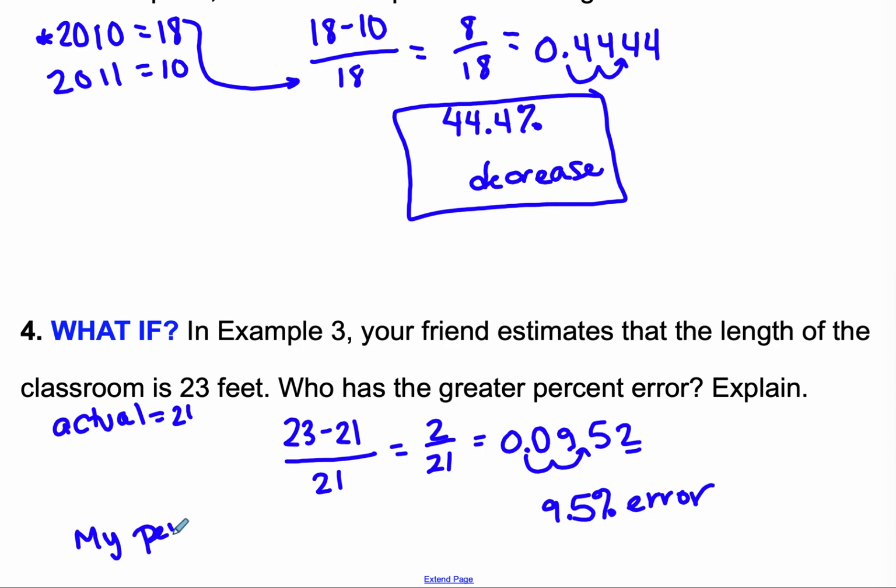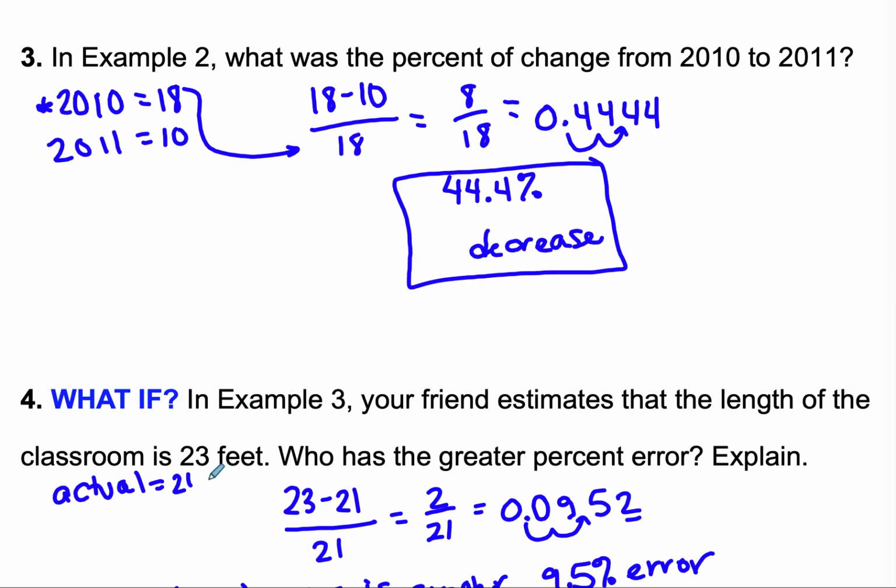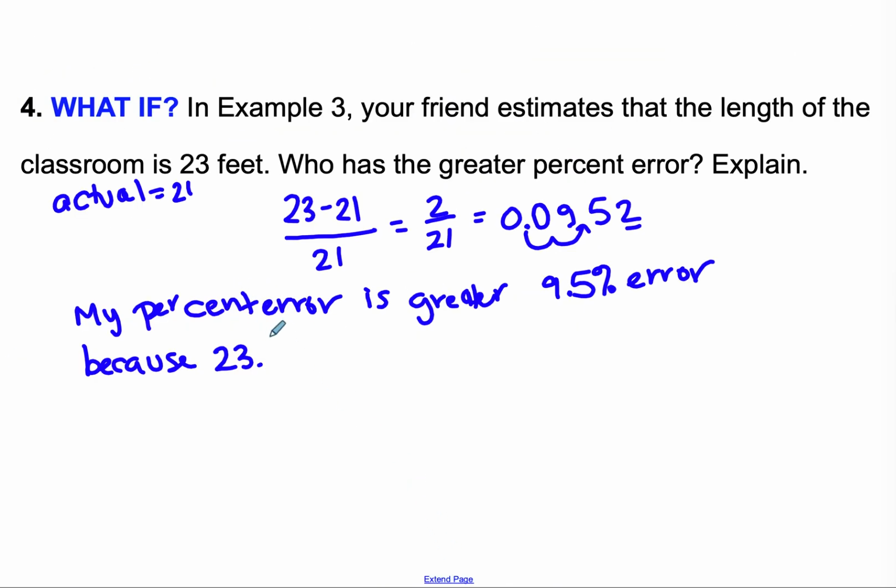My percent error is greater because 23 point, what did I say? 8, 23.8. Is greater than 9.5.